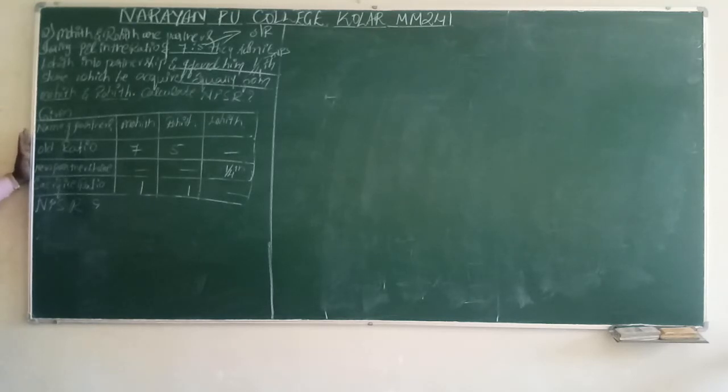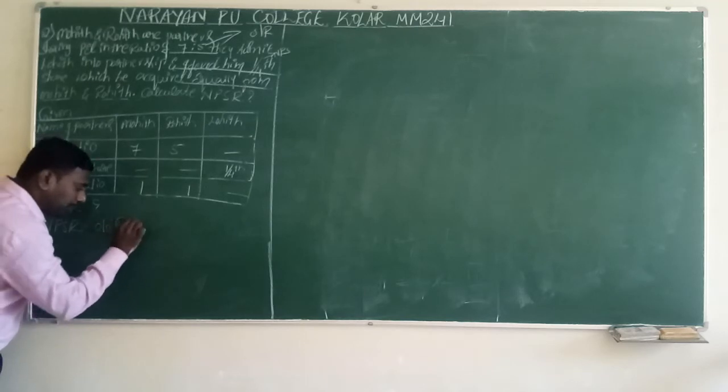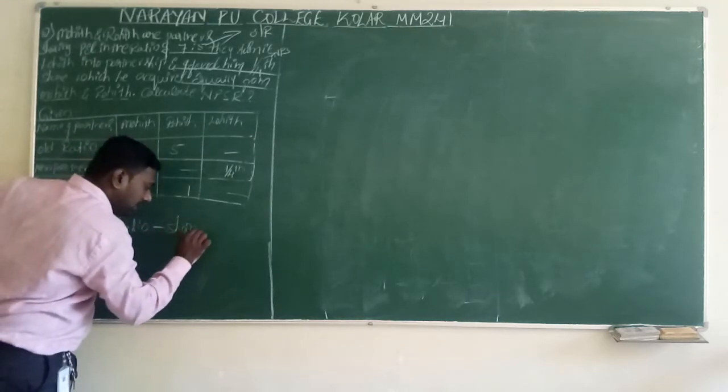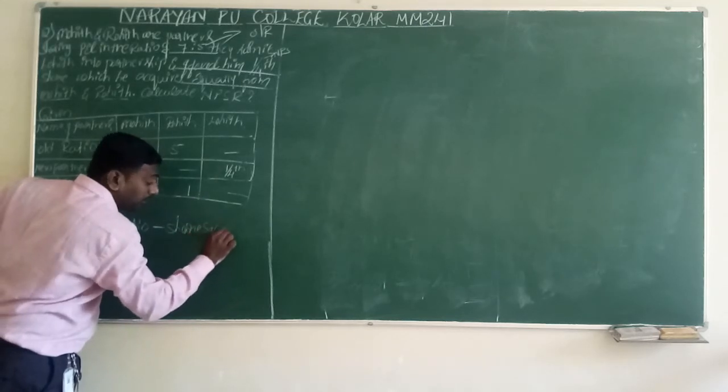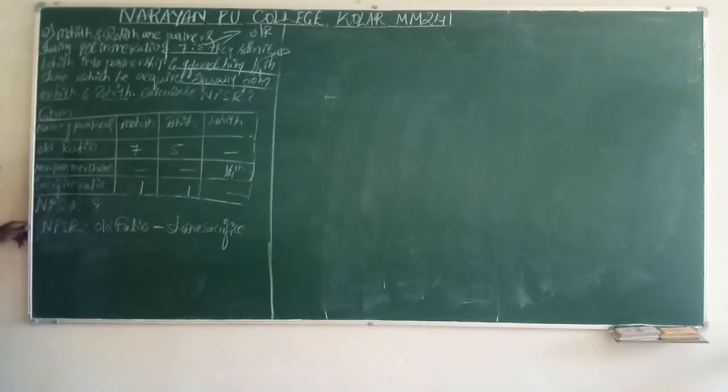While calculating the new profit sharing ratio, we have one formula. NPSR is equal to old ratio minus share sacrifice. We have to classify the transaction.